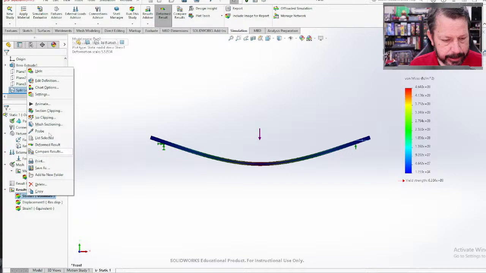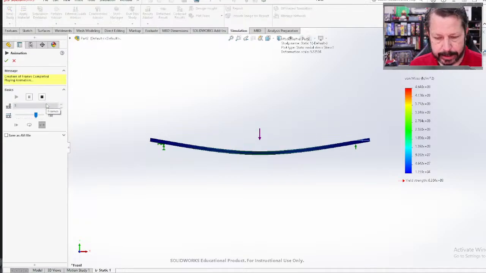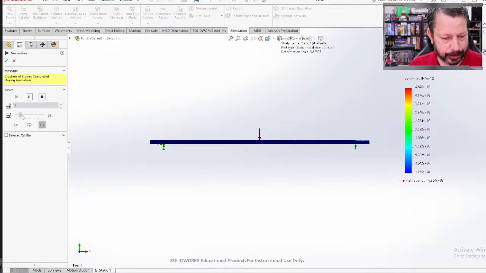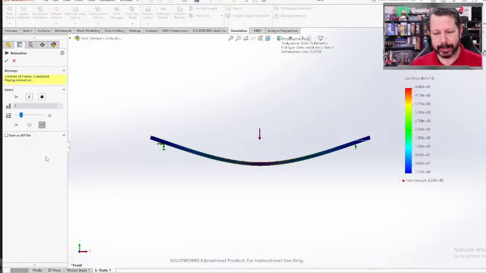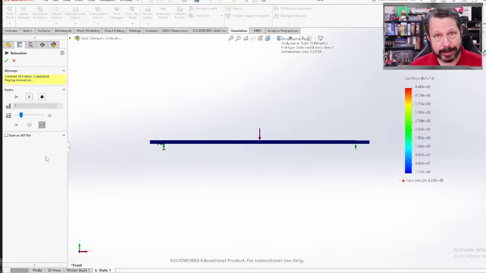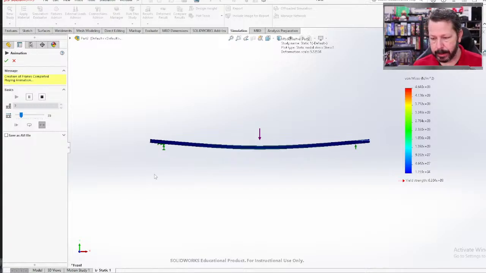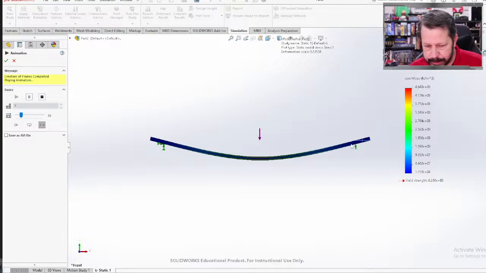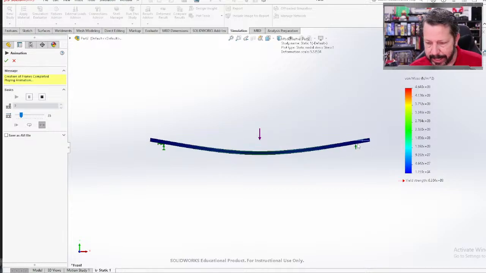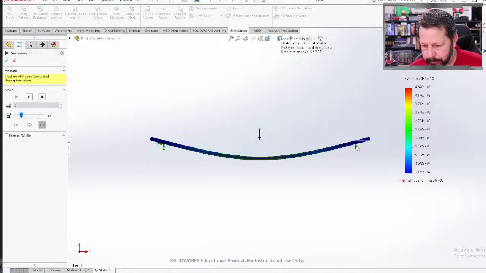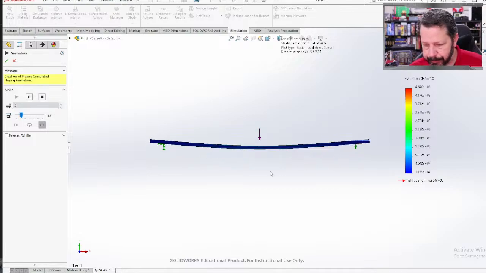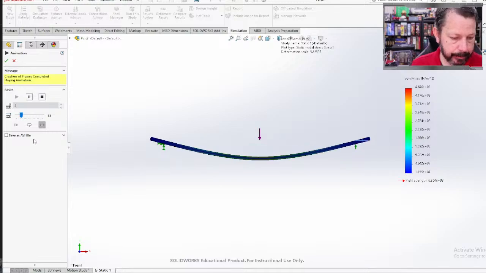Usually you also go in here and animate, going too fast, slow it down, to get an idea of whether that is what you expected to happen. And more or less that's what I expected, although it's hard to tell if there's any actual sliding happening on my roller, but maybe there is. It does kind of look like it slides past it, maybe.